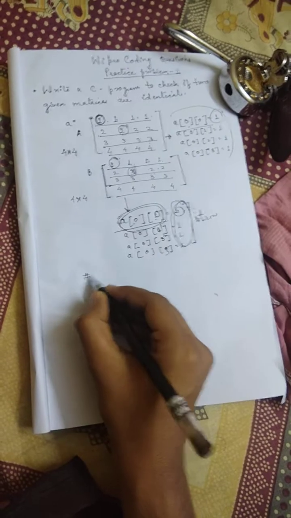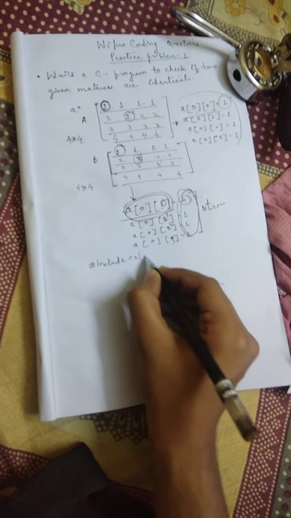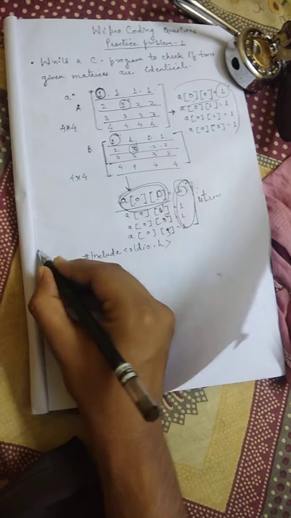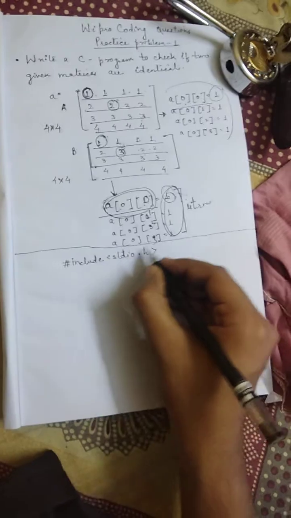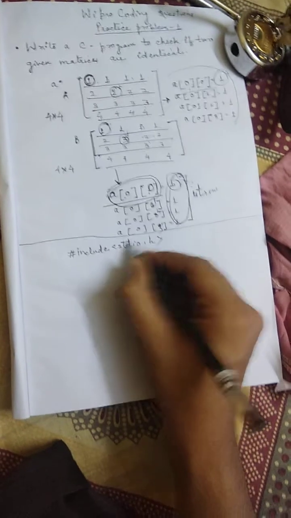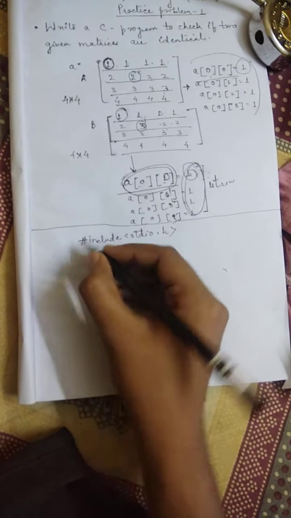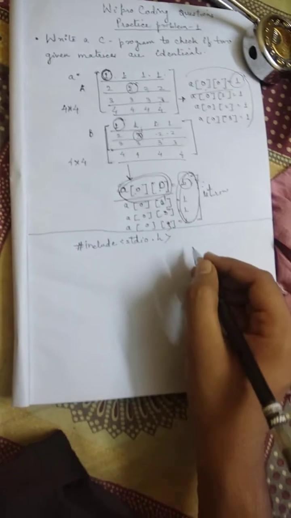So first of all, hash include stdio dot h. This is the header file. There will be another video in which I will teach you about the preprocessor, so leave all those things.